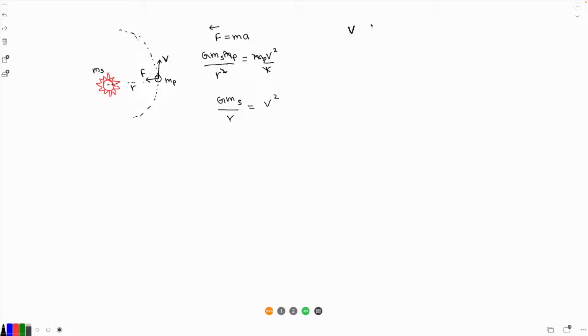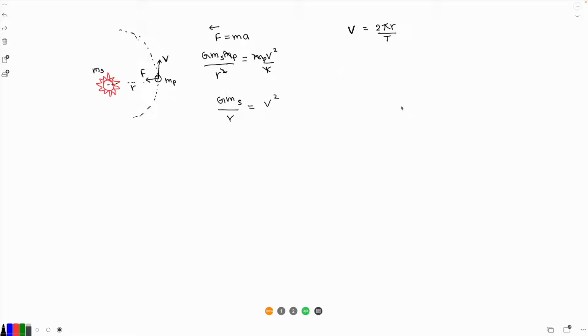When we consider a periodic time, the planet goes one circle. So the distance that the planet travels is 2 pi r, right? So for one circle it travels 2 pi r distance. So I can write velocity as 2 pi r divided by T, because I consider the periodic time.